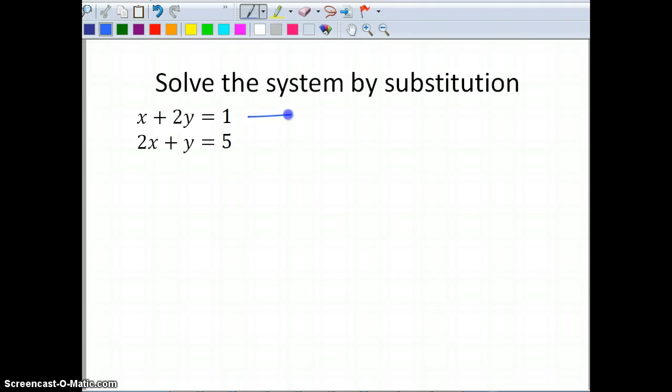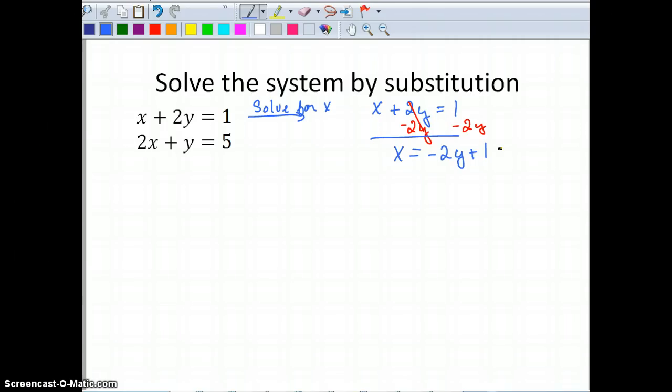And I like to write little notes. So for this one, I'm just writing that I'm solving for x. So if I have x plus 2y is equal to 1, I solve for x, subtract 2y from both sides. So I have x is equal to negative 2y plus 1.